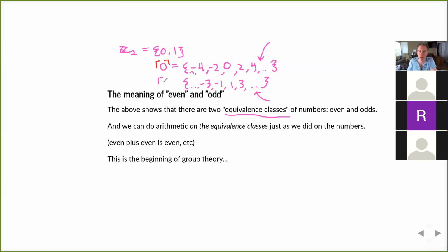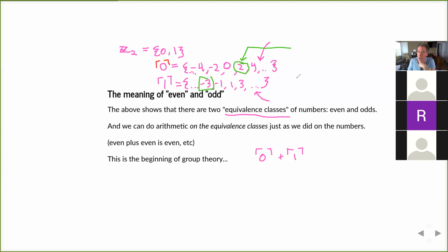So this is what we're going to identify with this other symbol. And the meaning of 0 plus 1, or anything plus any other thing, is that you take any representative of the equivalence class. You can take any representative here, like let's say 2 is a representative of this class, and you add it to any representative of that class.